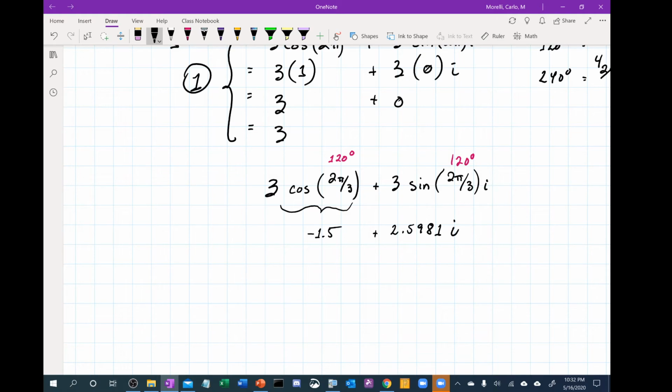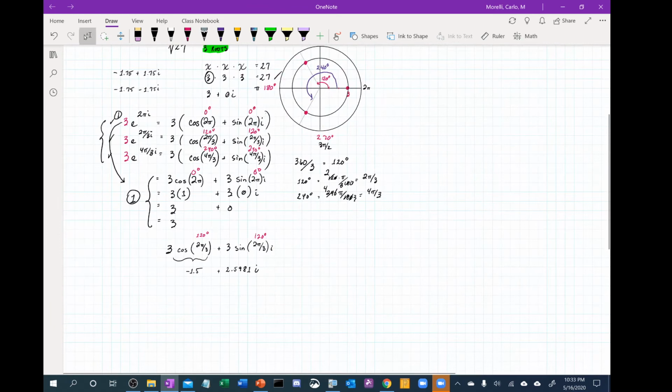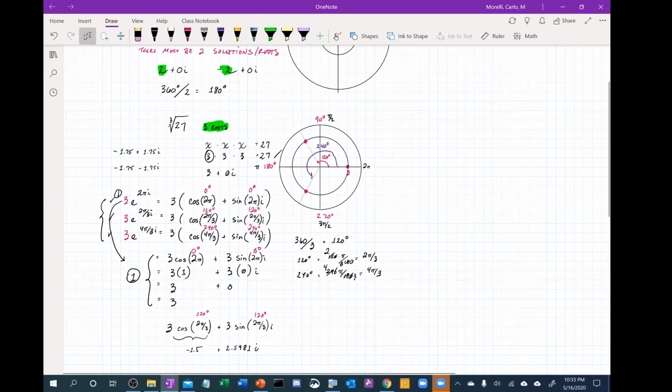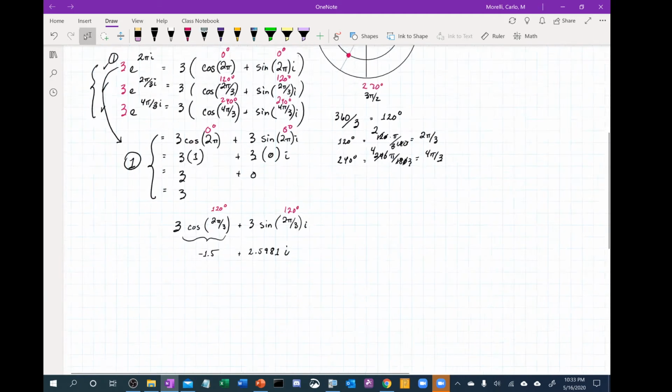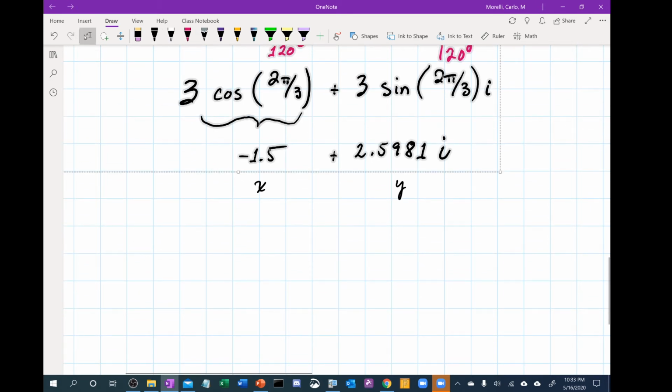In fact, I don't even know if I need to check and see if this is valid. So you can think of this as the x value and this is the y value. And so you can also think of this as the base of a triangle and this as the height of the triangle.